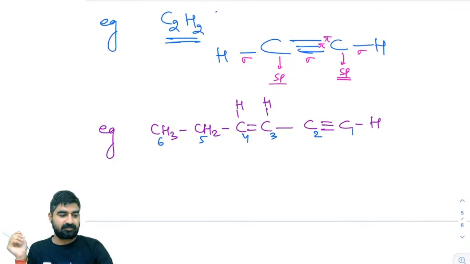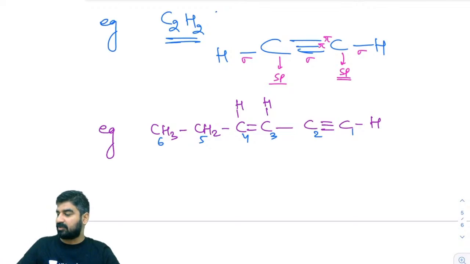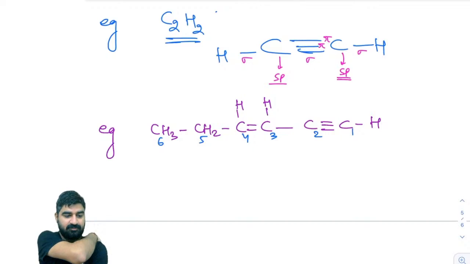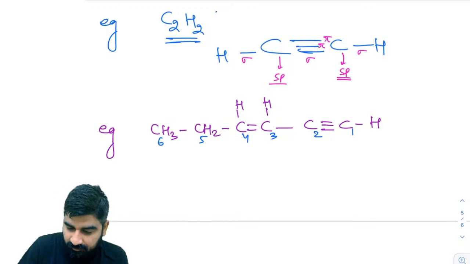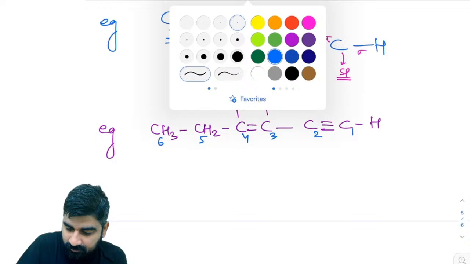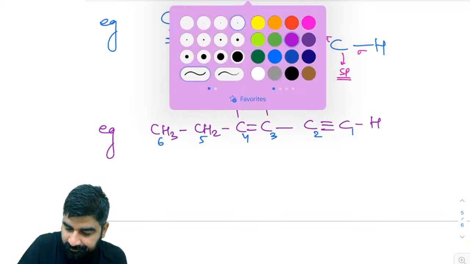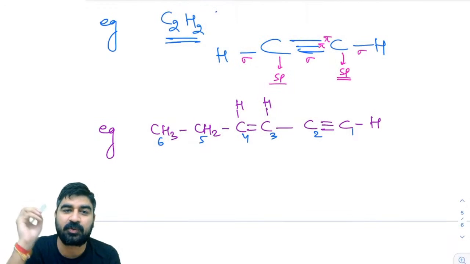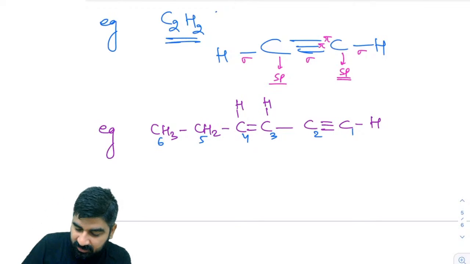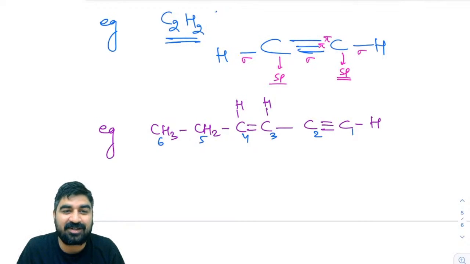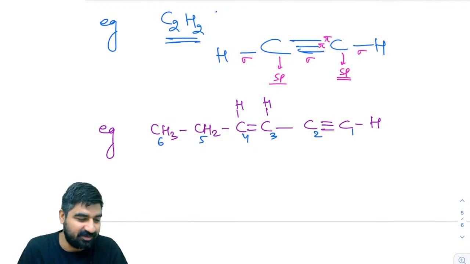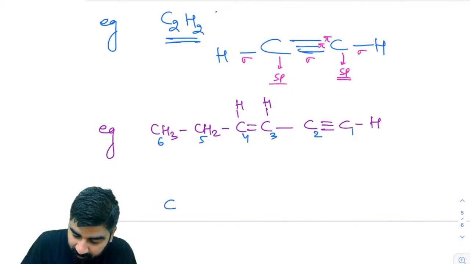Anyone, guys? So how you are going to do it, guys? So in this case, it would be better if you draw the structure properly, right? Because they will intentionally give you structure like this way. So when you will draw it properly, what will happen?